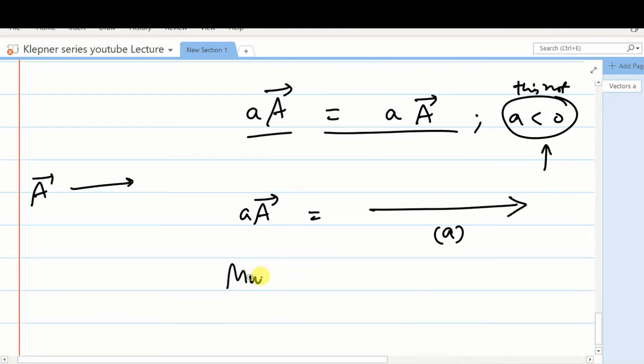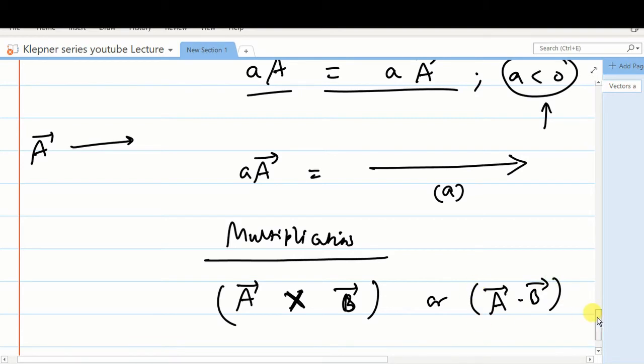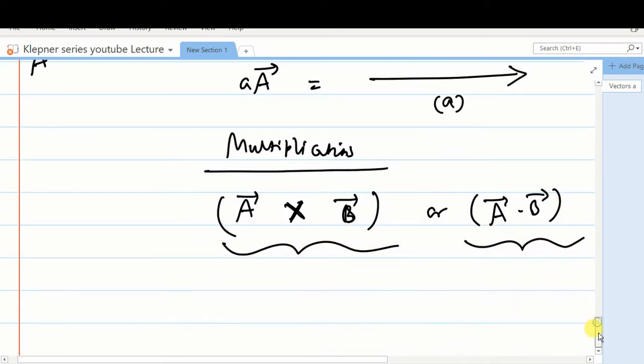But when it comes to multiplication of two vectors, like a cross b, multiplication can be of two types, a cross b or a dot b. We call the first vector multiplication and the second scalar multiplication.